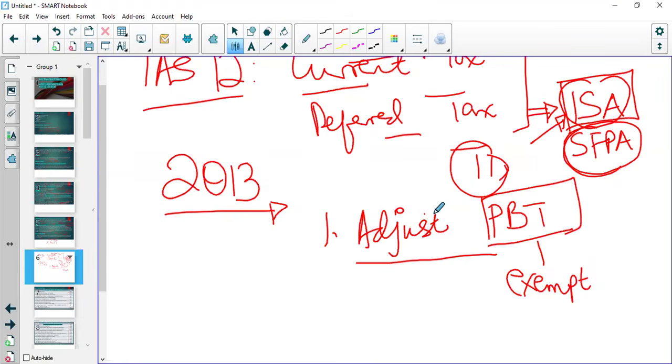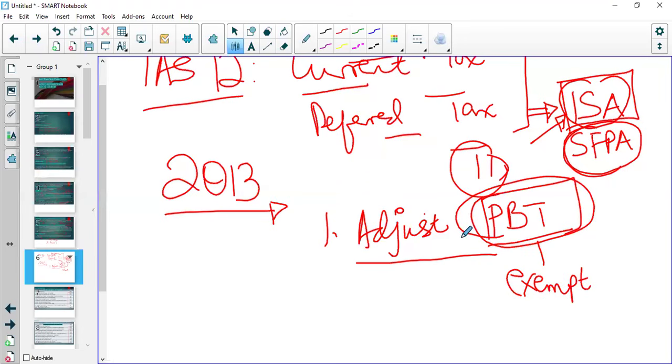So when we are required to adjust the profit before tax, right, we are looking at amounts that were not recorded, which should have been recorded, or amounts that were recorded and were recorded incorrectly. Basically, we are saying that's wrong. Okay. So we need the correct accounting treatment of transactions and events.